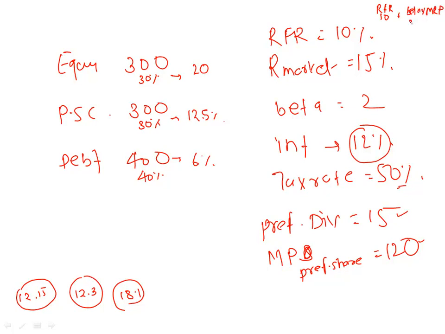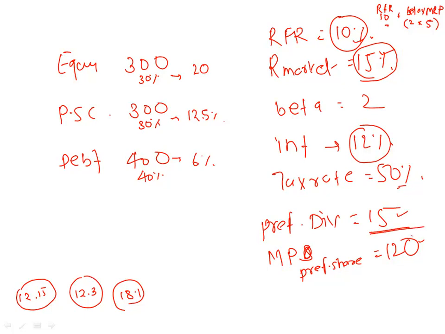So your beta is 2, your market risk premium is 5. 5 into 2, 10 plus 10, 20. 15% is the return on market, 10% is the RFR, 15 minus 10, 5. Market risk premium is how much extra markets have given over and above RFR. So 5% is your market risk premium.